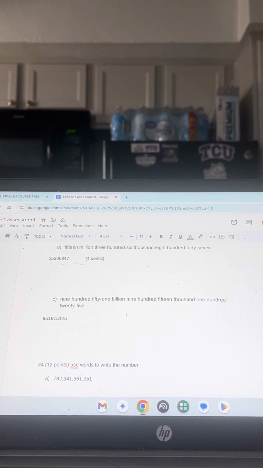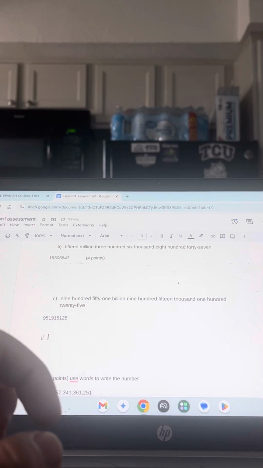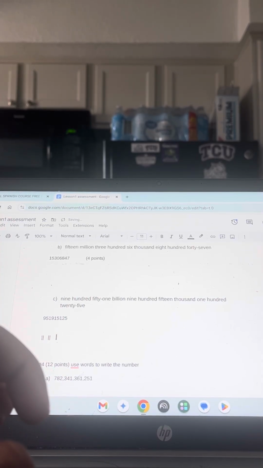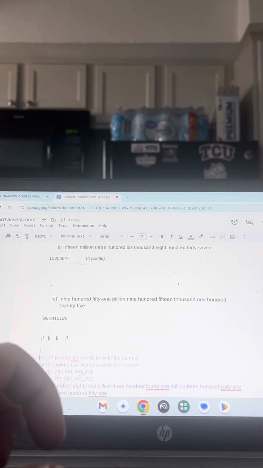So this one is actually not correct. So let's go over this one. Remember the brackets that we talked about recently? Here is brackets for billions right here. Brackets for millions. Here's brackets for thousands. And here's bracket for hundreds.